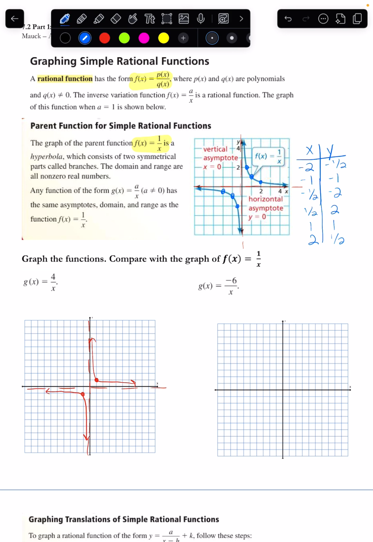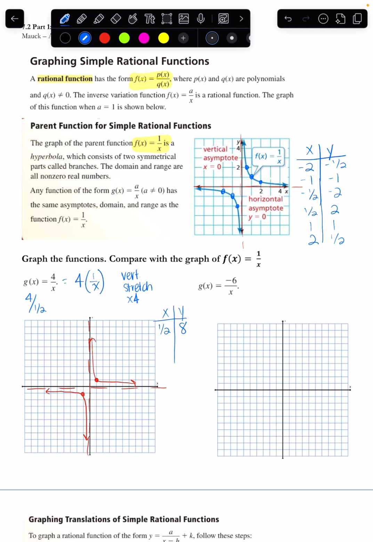The one that we're trying to graph right now is 4 over x, which we could rewrite as 4 times 1 over x to see that that is a vertical stretch by 4. If we made an XY chart here and took these points that we talked about up above and put them in, when I do a 1/2 into this 4 over x, 4 over a 1/2, I'm going to get an 8.